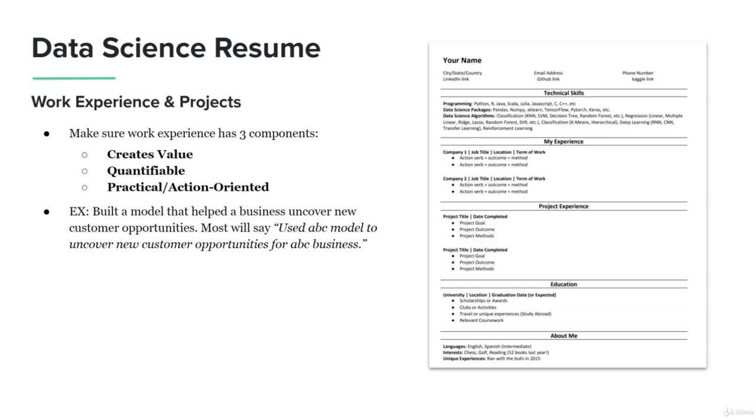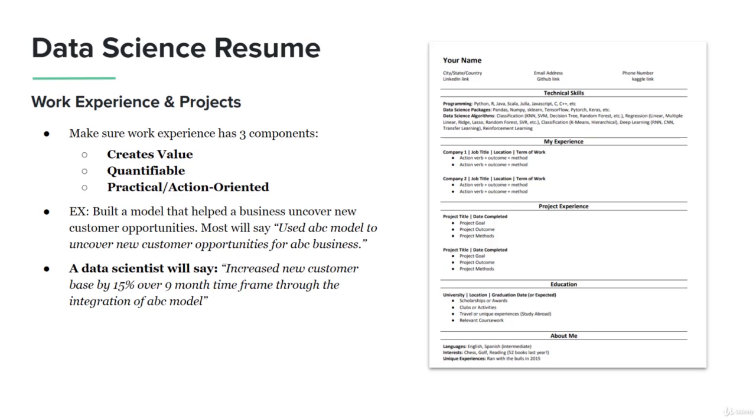There's nothing specific to it, right? There's nothing quantifiable, and there's nothing that is practical and action oriented. So you really want to make sure that you're including these three. And so a data scientist would say something like this: increased new customer base by 15% over a 9-month time frame through the integration of ABC model.